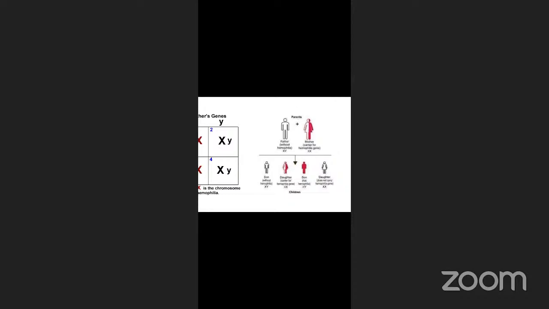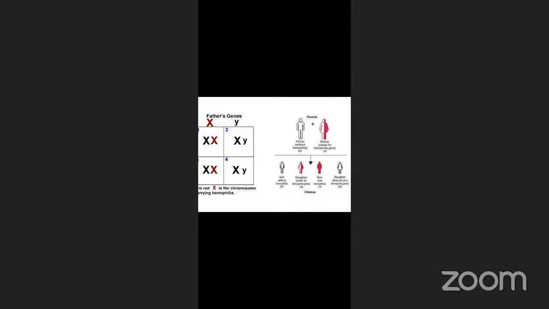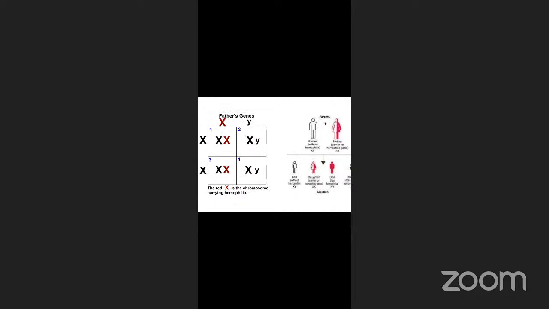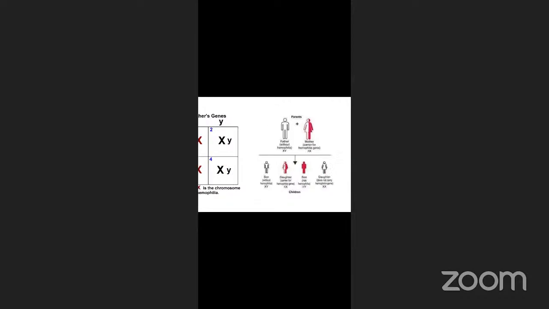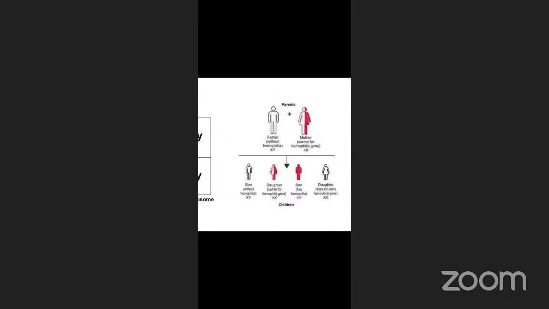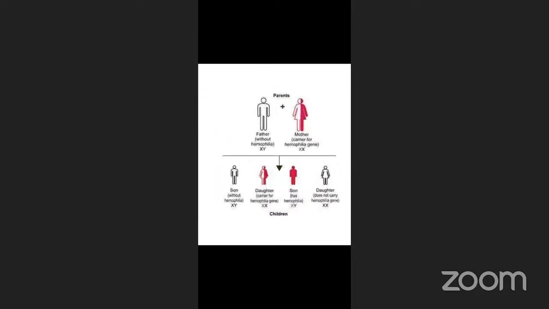But if the defect is in the mother, suppose you see this female child who has XX, one defective and one normal. When she marries another normal person, what happens in the next generation? This female child has XX, one defective gene, and she married a healthy person who has XY.